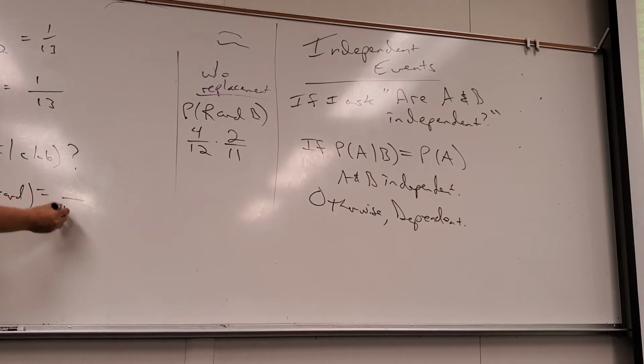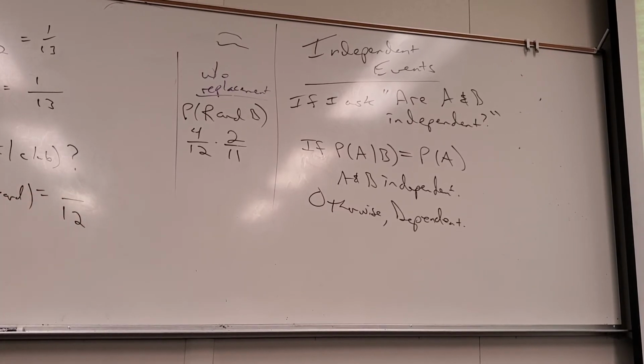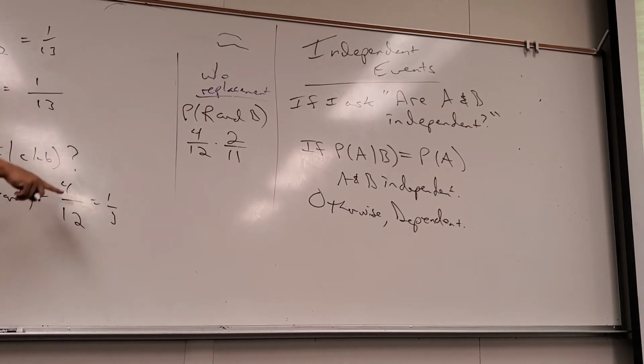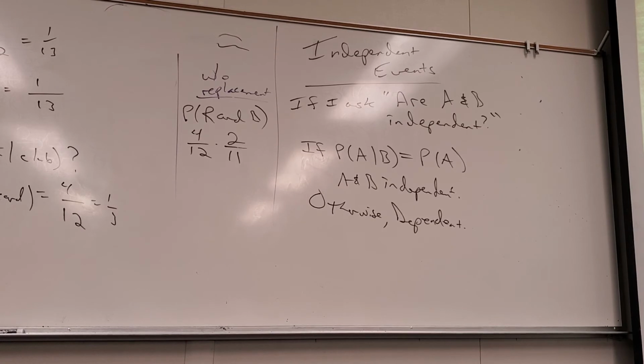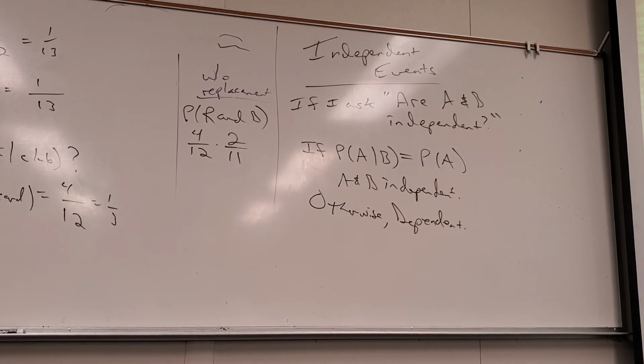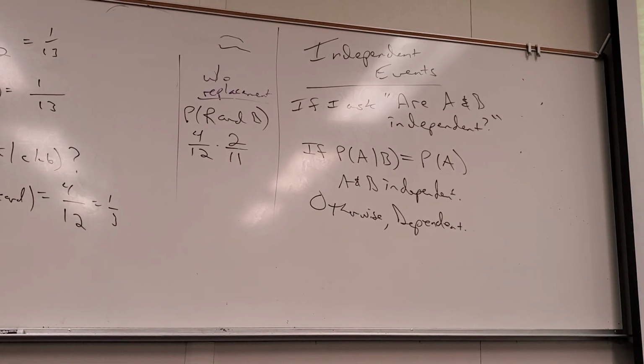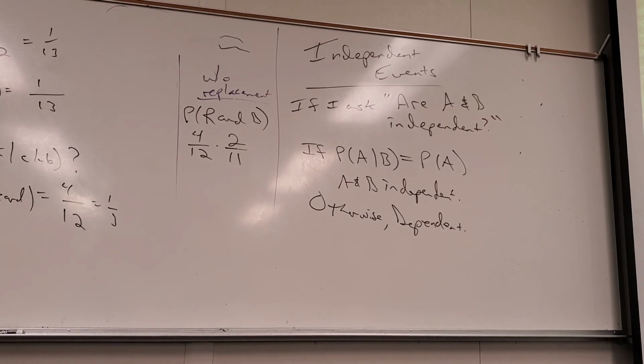Out of 12. How many of those are kings? 4. Still all 4. So if I know it's a face card, my probability it's a king just jumped way up, from about 7% to 33%. Almost 5 times the chance.